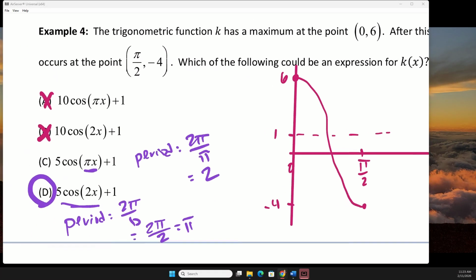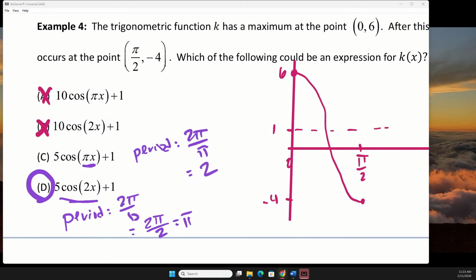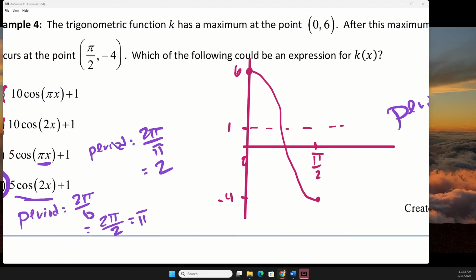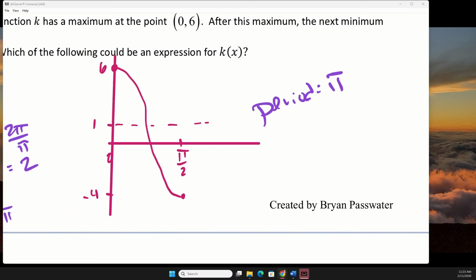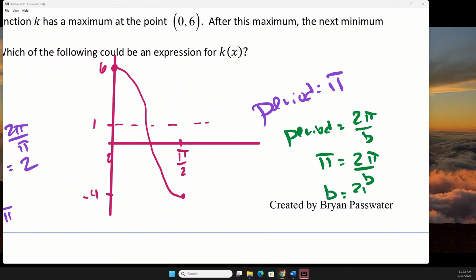No, it's not asking what B is. Okay, we'll do it backwards then. If we do this backwards, the period is equal to 2 pi over B, so pi is equal to 2 pi over B, and B is equal to 2 pi over pi. So what is B?